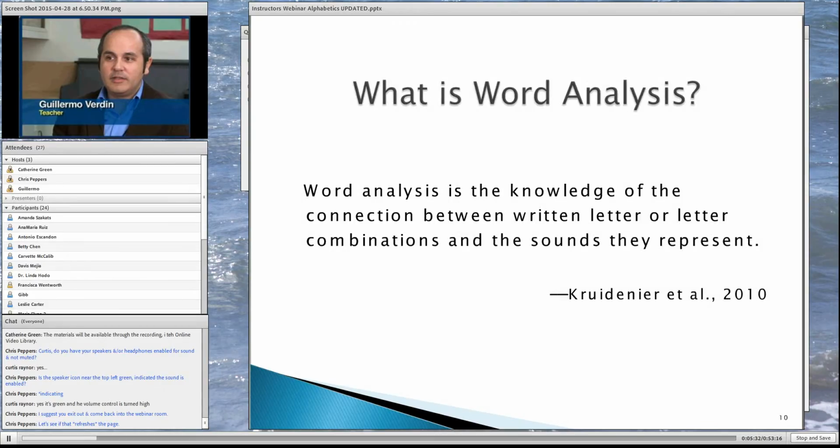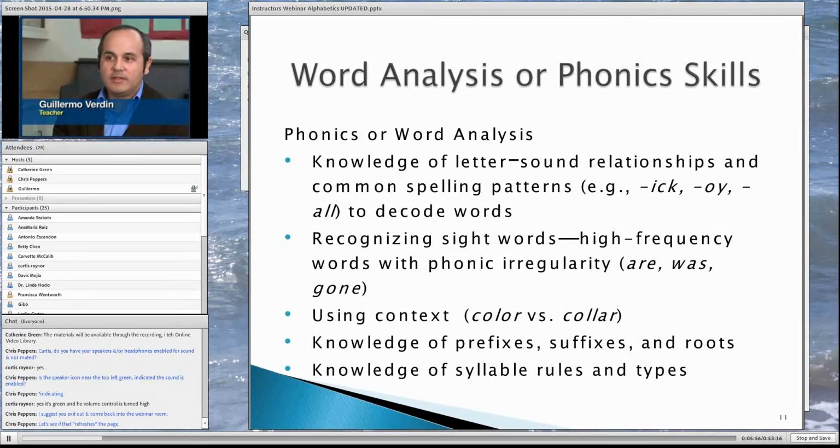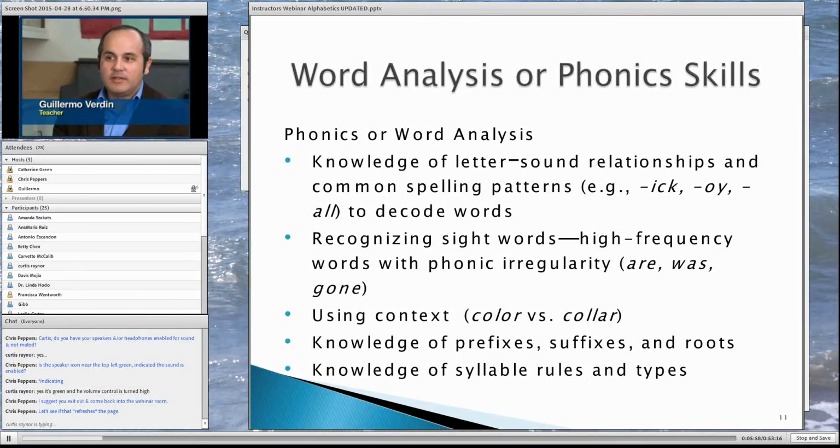Now, what is word analysis? Word analysis is the knowledge of the connection between written letters or letter combinations and the sounds they represent. This is often called phonics skills, an easier term to remember. And phonics skills includes, again, knowing the letter-sound relationships and the common spelling patterns that are used to decode words. In this case, the word families like ik, oi, all.